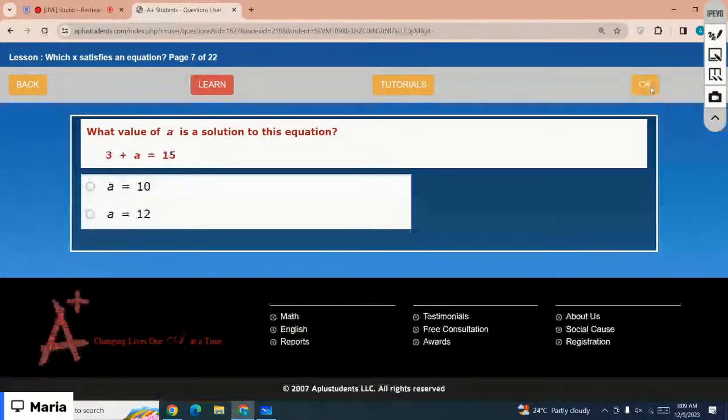The next one is what value of a is the solution to this equation? 3 plus a equals 15.